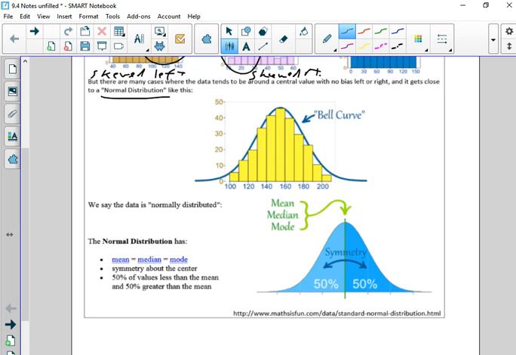Now, if you ever heard people talk about the old days, you might have heard of teachers who grade on the curve. All right? What that means is they're taking the data, no matter what the data looks like, and shoving it into the shape. So let's say, for example, I gave a test, and most people just bombed it.